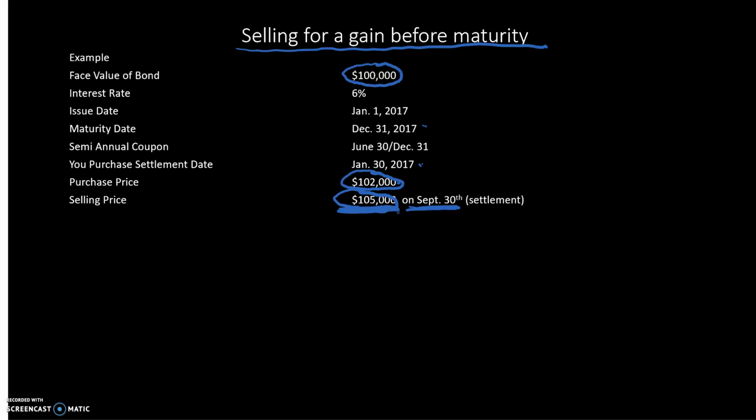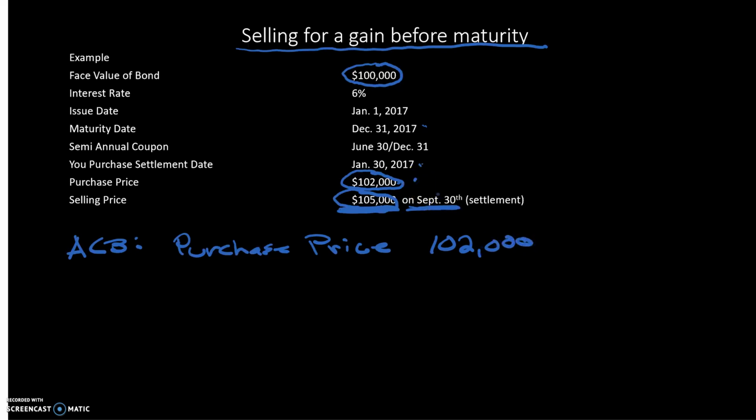So let's go over what we need to do here. Again, just like in our previous examples, we're going to start with the ACB. We're going to take our purchase price, which is $102,000.